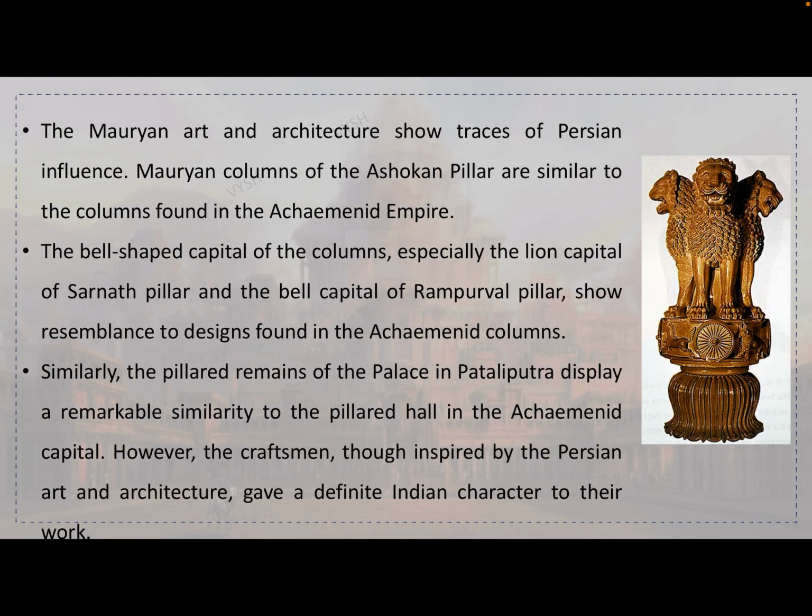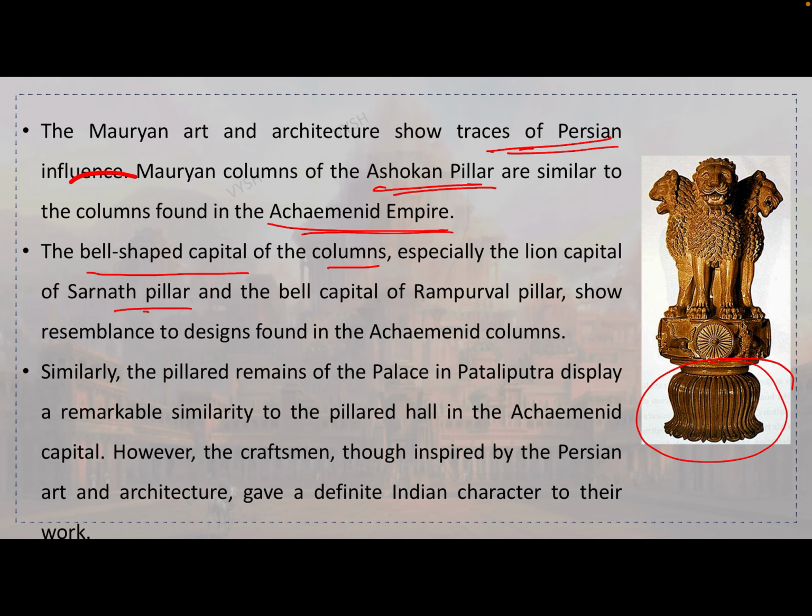The Mauryan art and architecture shows traces of Persian influence. That's what we read. The Mauryan columns of the Ashokan pillars are similar to the columns found in the Achaemenid Empire, with the bell-shaped capital of the columns. Especially the lion capital of the Sarnath pillar and the bell capital of the Rampurva pillar show resemblance to designs found in Achaemenid columns.